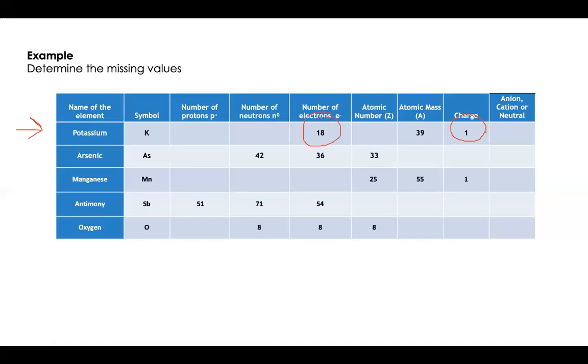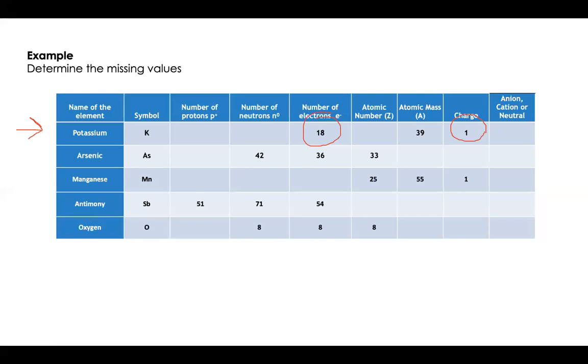If instead of having this number 1 in charge, we had a 0, we could write that the number of electrons was the same as the number of protons. But since we have a number of 1 in charge, we have an atom that is not neutral. So in order to determine the protons, we have to either add or subtract the charge, okay?